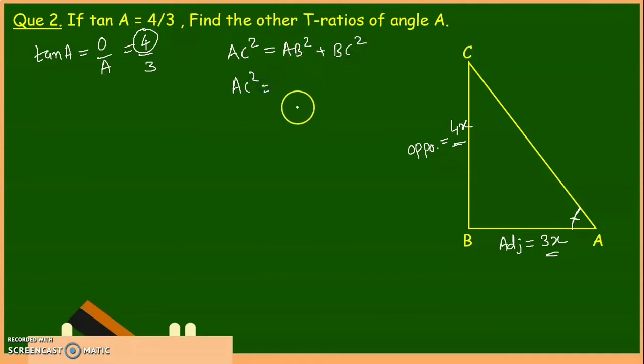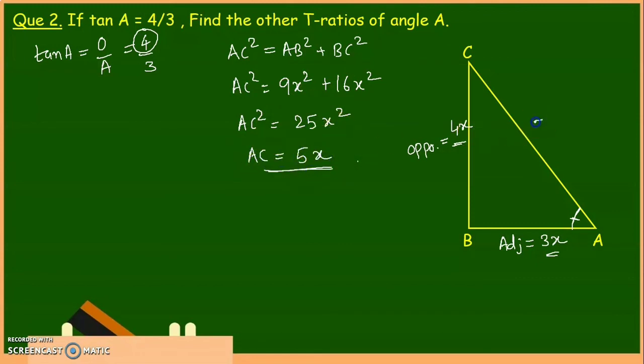AB square is 3x square, that is 9x square, and BC square is 4x square, that is 16x square. So we get AC square equal to 9 plus 16, that is 25x square, or AC is equal to the square root of 25x square, which is 5x. So the hypotenuse of this triangle is 5x.